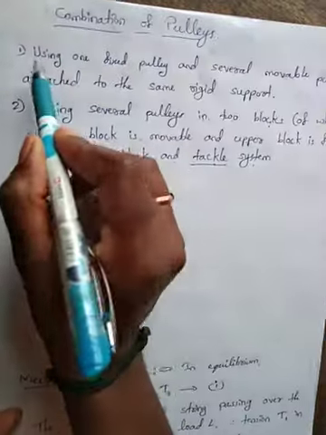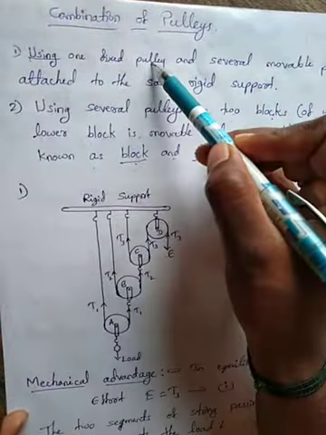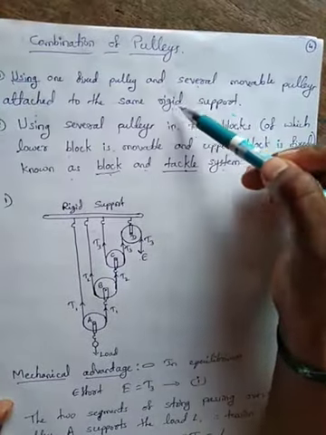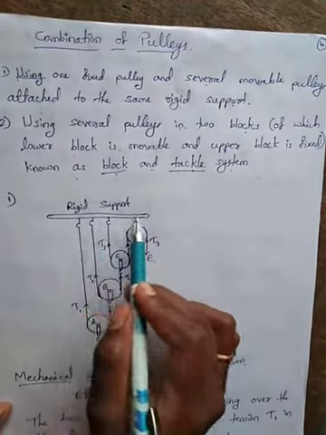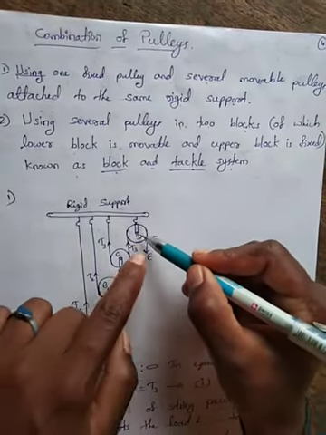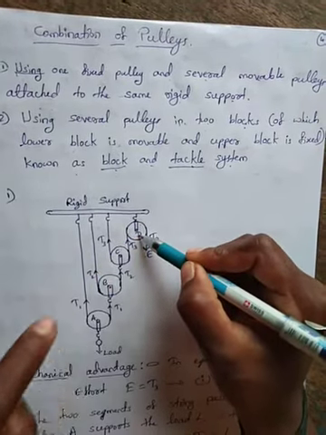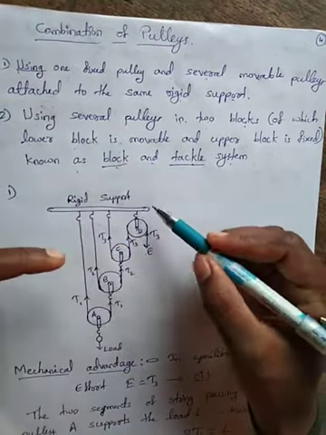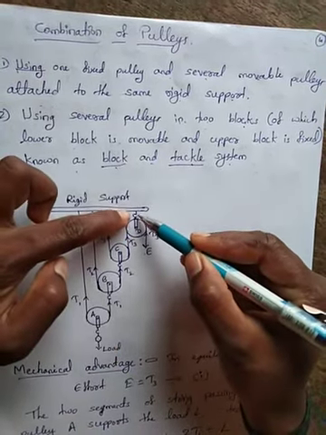First one we will discuss, using one fixed pulley and several movable pulleys attached to the same rigid support. See, this is a rigid support. This D is a fixed pulley and A, B, C are movable pulleys. See, this is a rigid support and here is a hook.